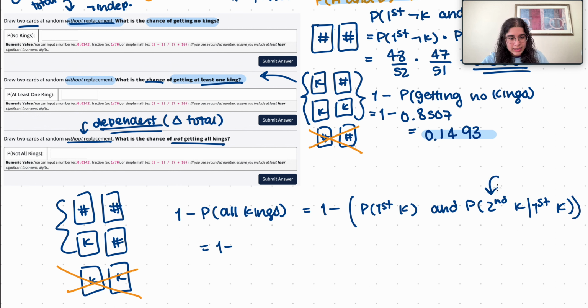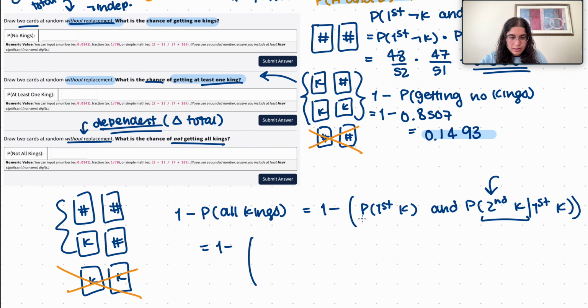So my second event, the probability that the second card is a king, depends on my first one happening, because my total number of cards is changing and the total number of kings is changing.